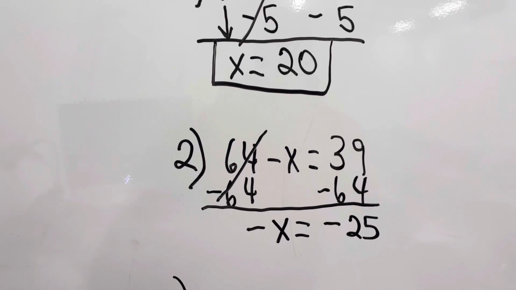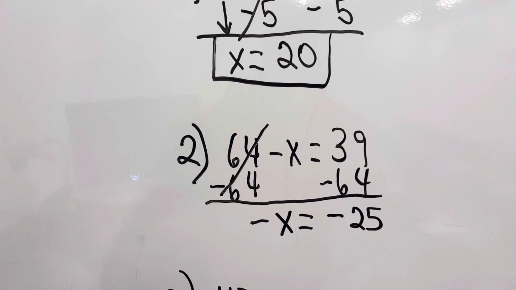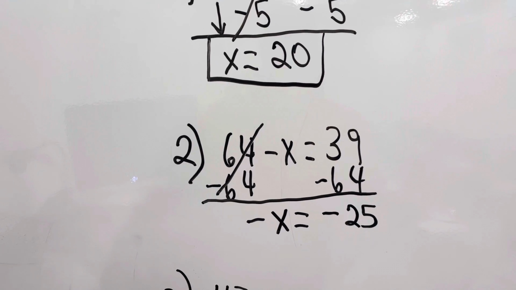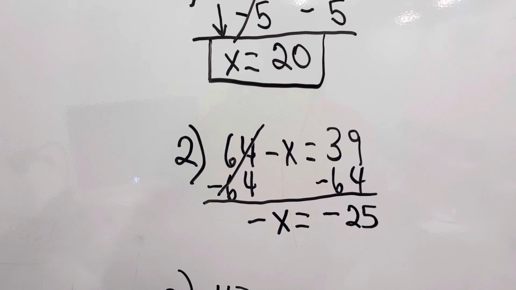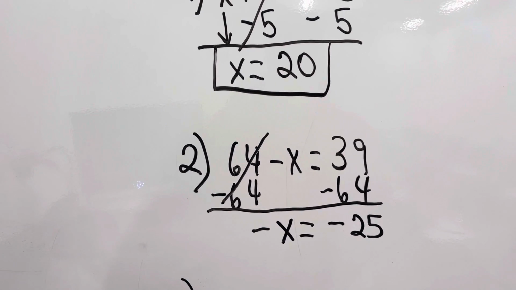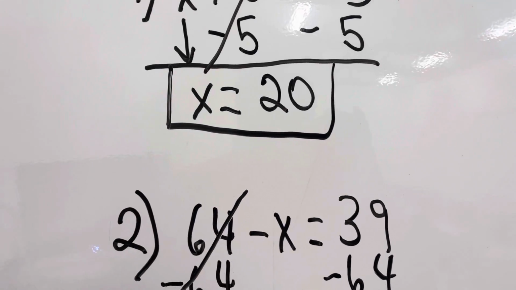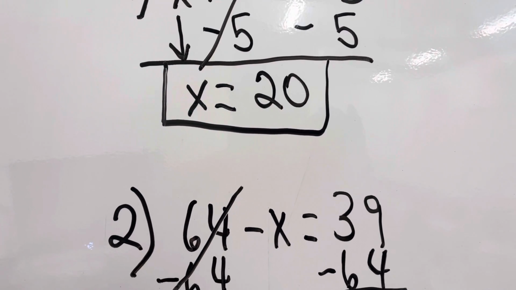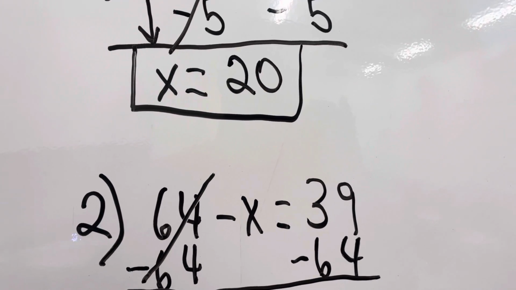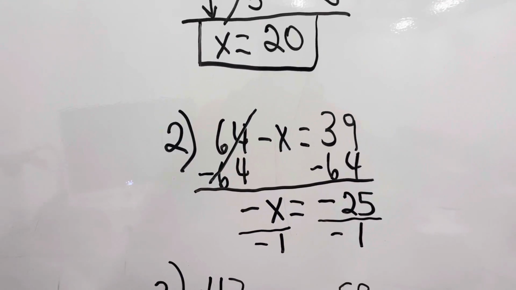So, are we done here? Nope, we are not done. There is one more conclusion that we have to do. We have to get x to itself. And since it's a minus x, we have to divide both sides by -1.